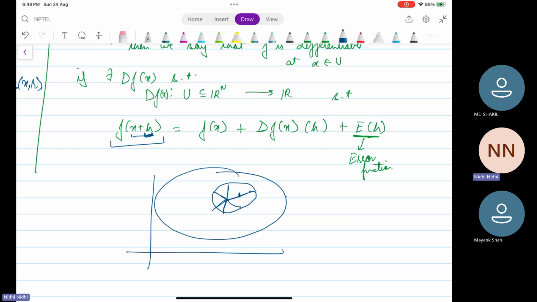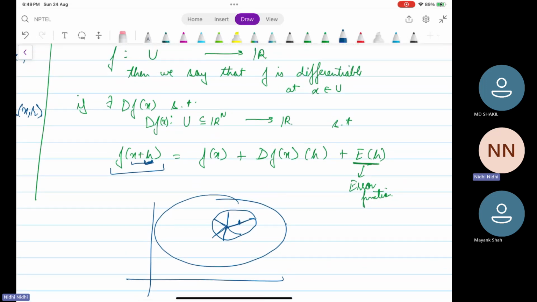Eventually we need h tending to 0 in order to find the derivative.